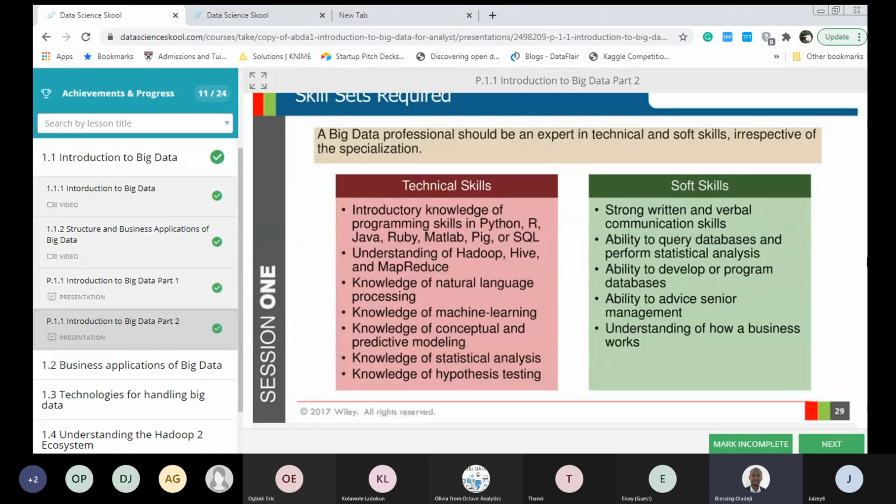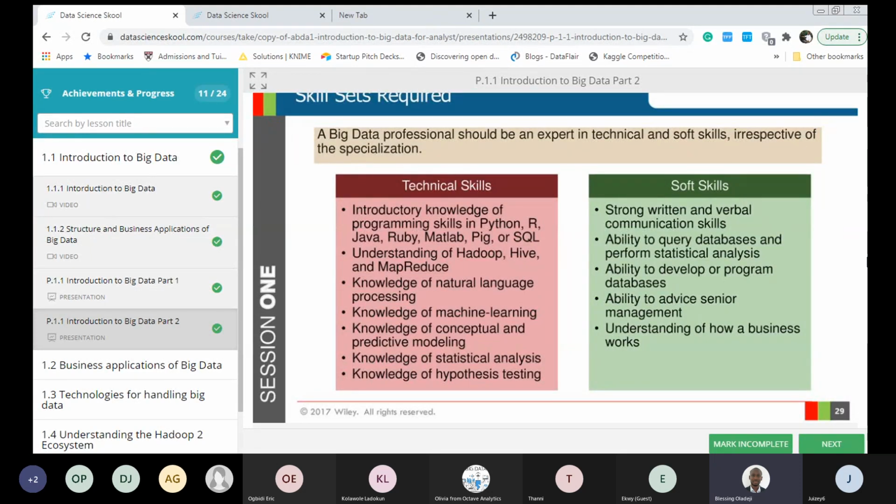Those are the technical skills that you need. For soft skills, it's also very important that you have solid written and verbal communication skills. Because if you are working in a company and you have to do a report for the chief commercial officer, the chief operating officer or the chief executive officer, you're not going to show them your R code or your SQL code.